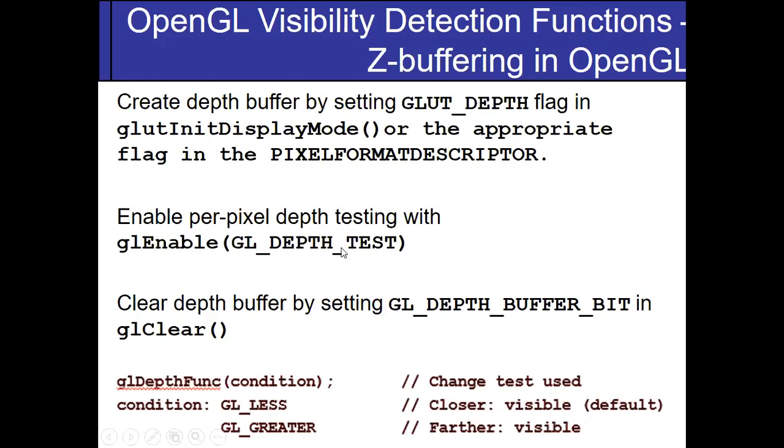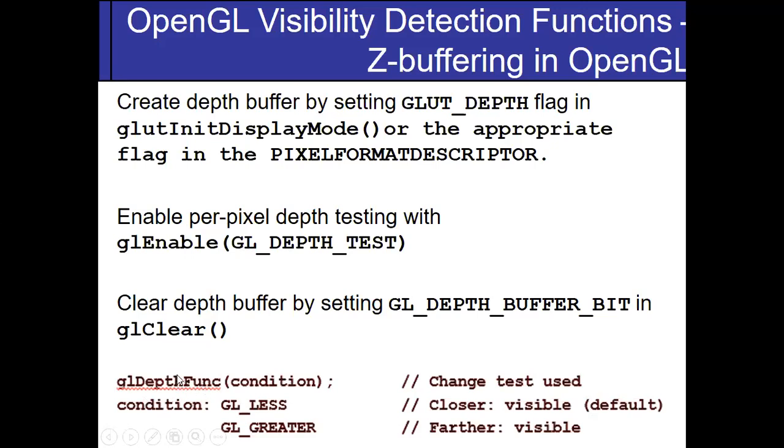And then you need to enable the depth test. In the third program and the fourth program, we had written glEnable GL_DEPTH_TEST. And you can clear the depth buffer bit.